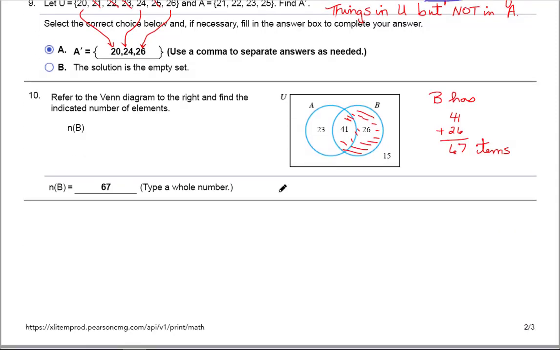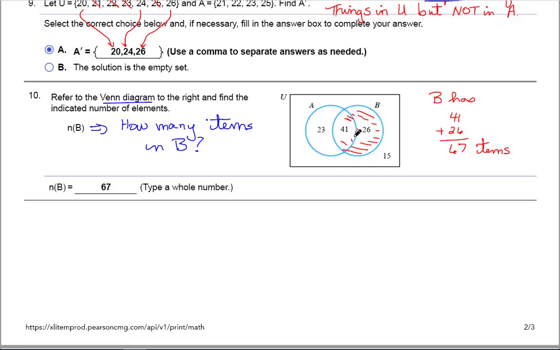Alright, so in question 10 here, we have this symbol N of B. It means how many things are in B. Okay, in B. Well, let's see. Here's U. This is called a Venn diagram. So here's U, the big giant box. Here's A and B. What do I see? Well, I see A itself has 23 plus 41 items in it.